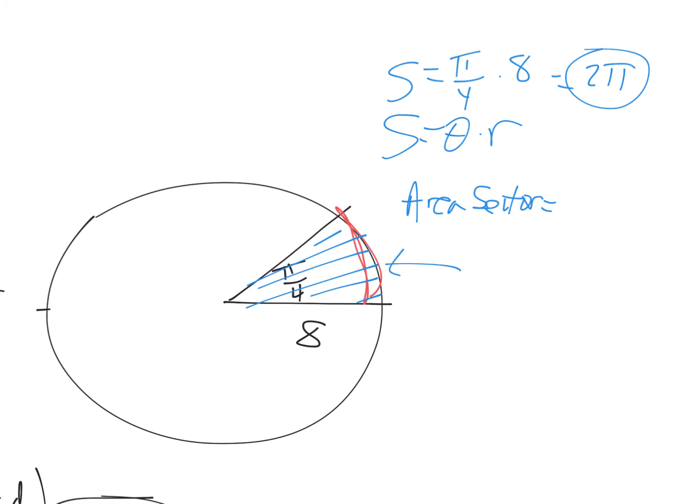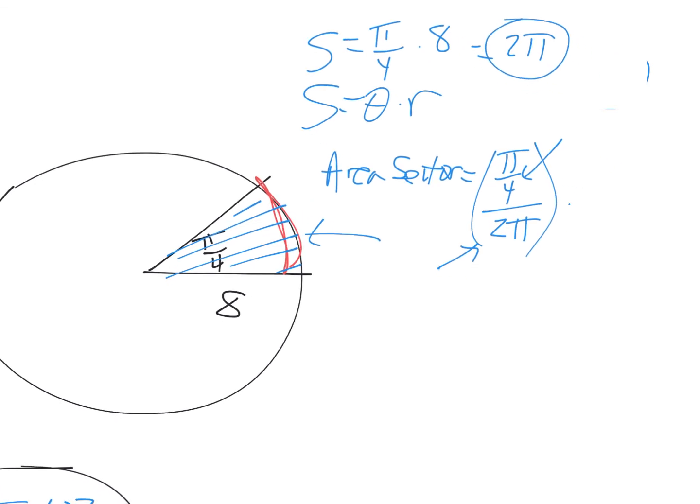The area of the sector, you would do pi over 4 over 2 pi, because that's how many radians a circle has total in it. And this is the part we have out of the total. And you times that by pi r squared. And in this case, that's pi times 8 squared, which is like pi times 64. And then I'm going to simplify this down here and say that's like pi over 4 times 1 over 2 pi.